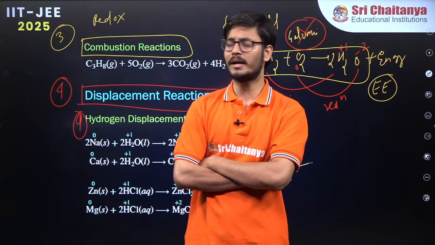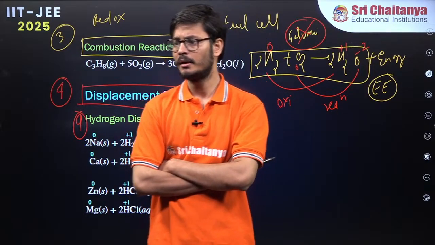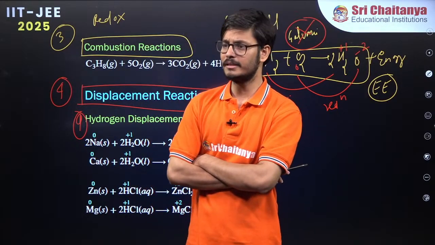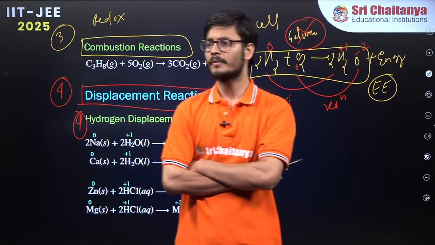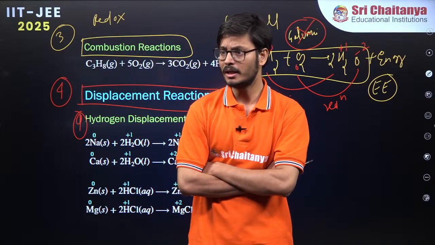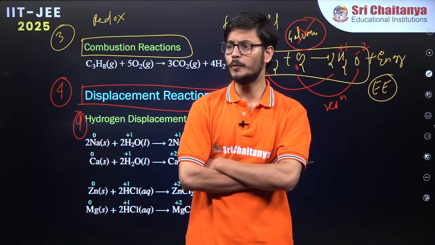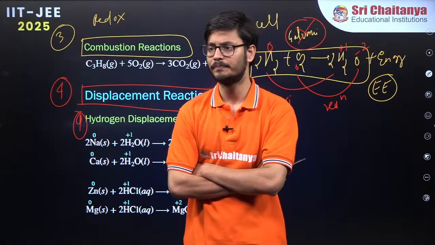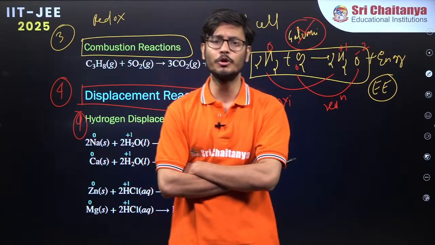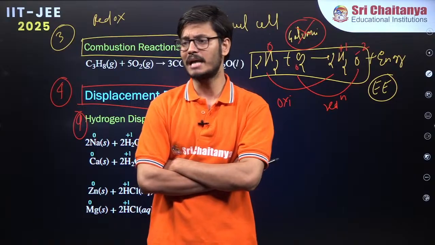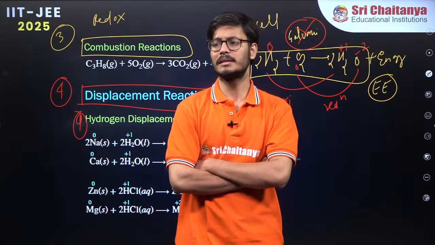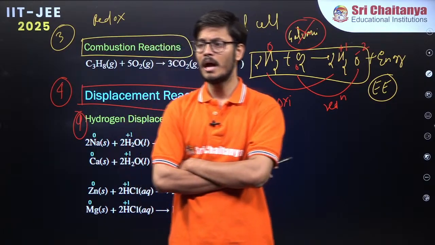How do we recognize that metal has reacted? Very easy. Tell me, beta ji. Metal and acid, right? How do we know that metal has reacted with acid? Zinc and HCl, very famous reaction. How do we know?